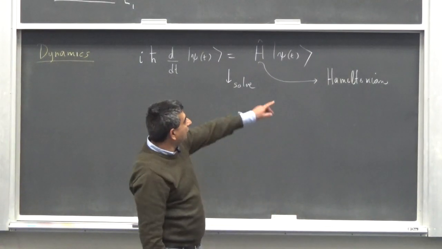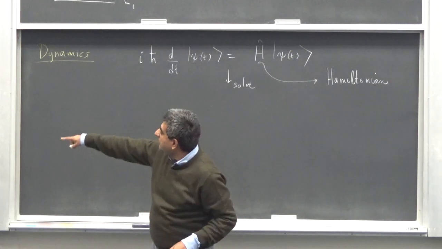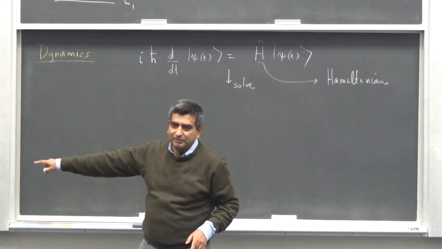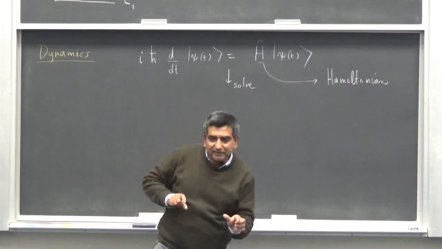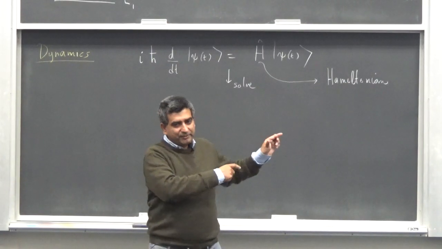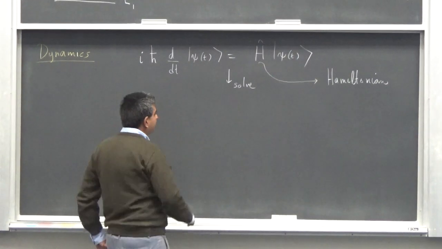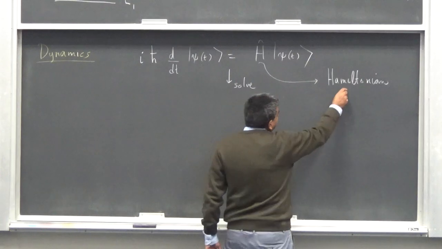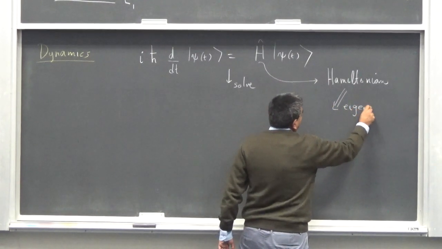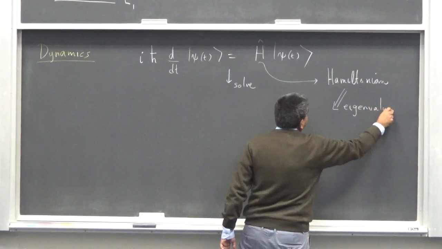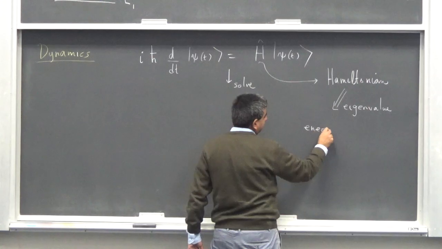And we already know what the energy is, minus mu dot B. So the energy is going to be an eigenvalue of this Hamiltonian operator. Right? So if you find the eigenvalues of this Hamiltonian operator, it's going to be the energies.